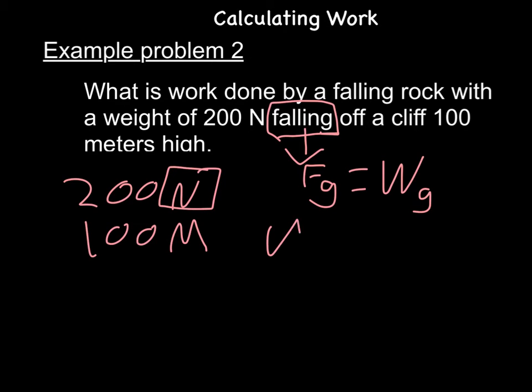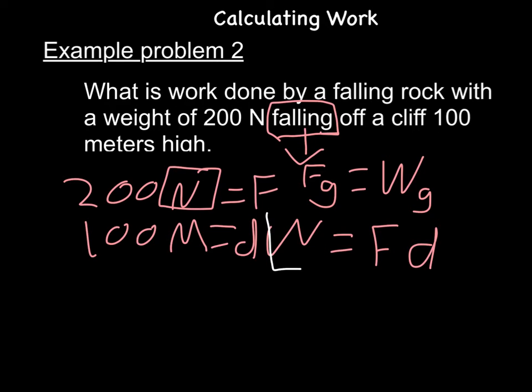If I want to find work, I want to use work is equal to a force times a distance. Well, I already have my force because my numbers that were given to me were in newtons, and I have my distance. So I don't actually have to use both equations. I can use just this one equation. I don't need to use my weight equation because I already have my force in newtons.